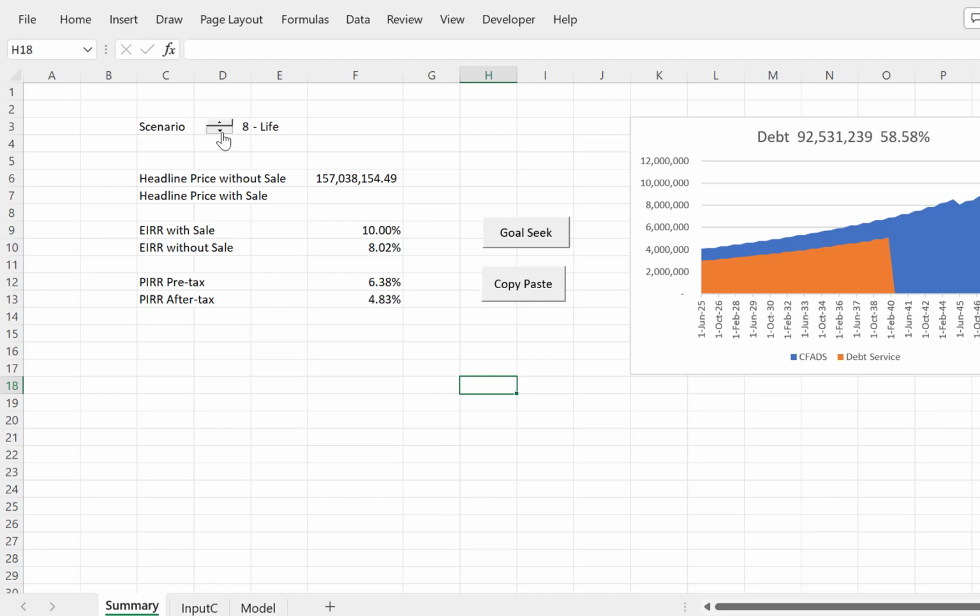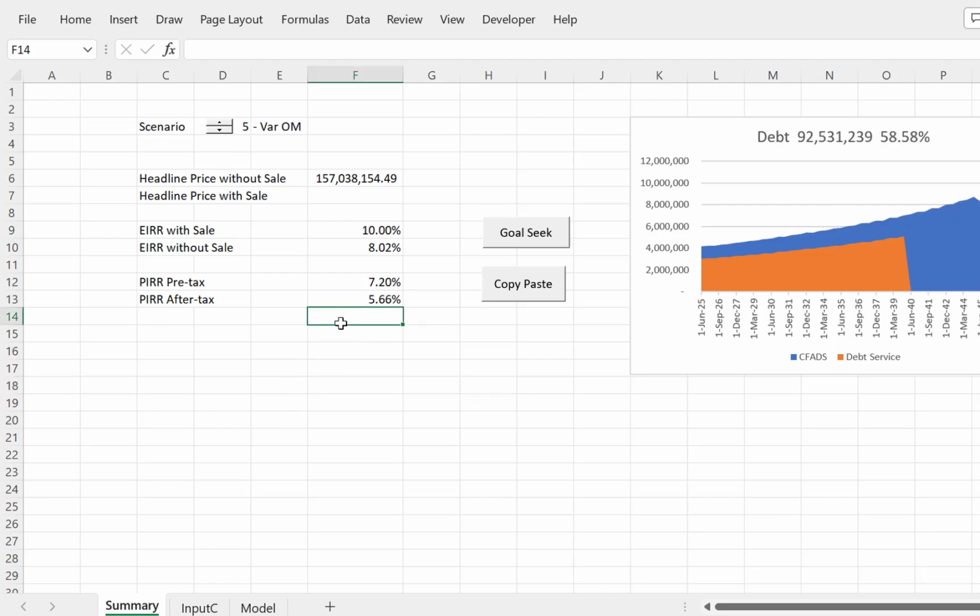Okay, so we can run all this, but every time we're running it, we're changing the debt size.